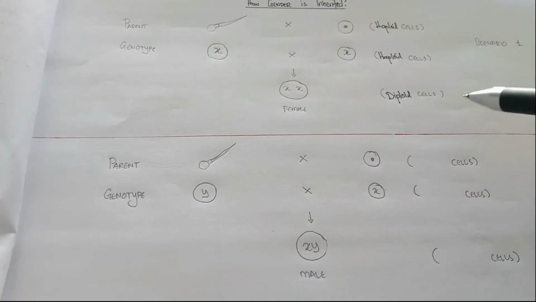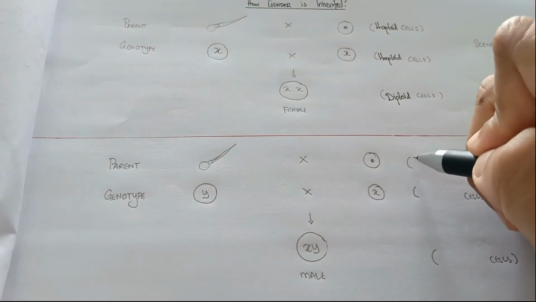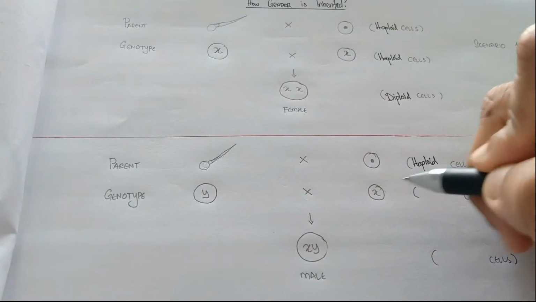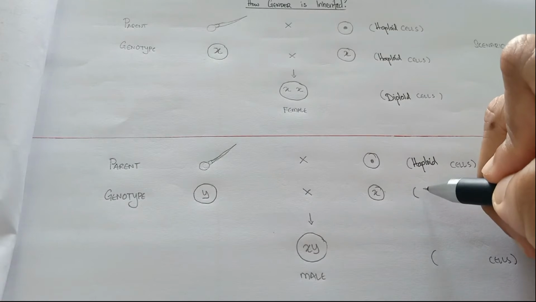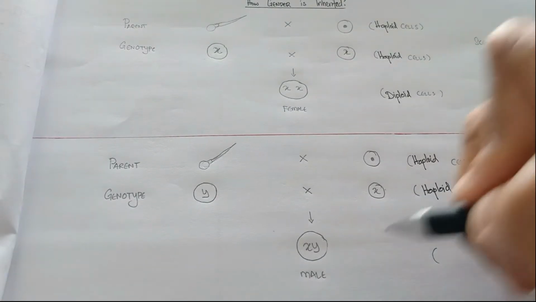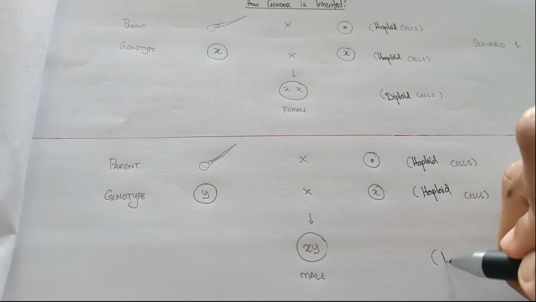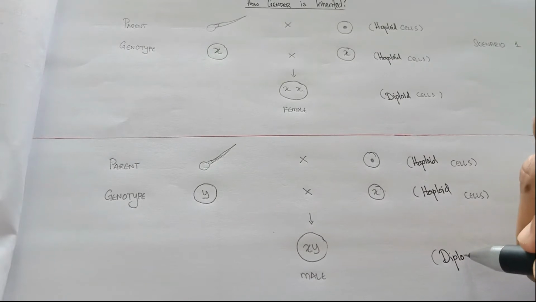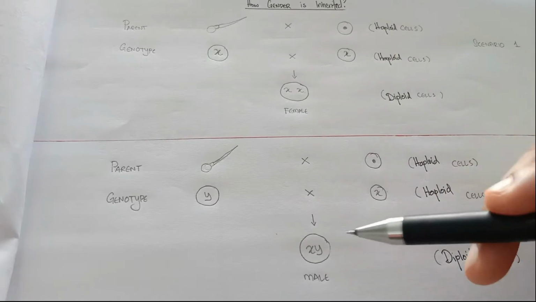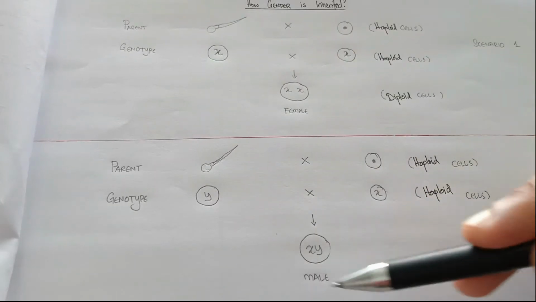Likewise, the sperm and ovum are haploid cells, and the genotype is also haploid, and now the male one is diploid. What you'll get in the end is a male individual.